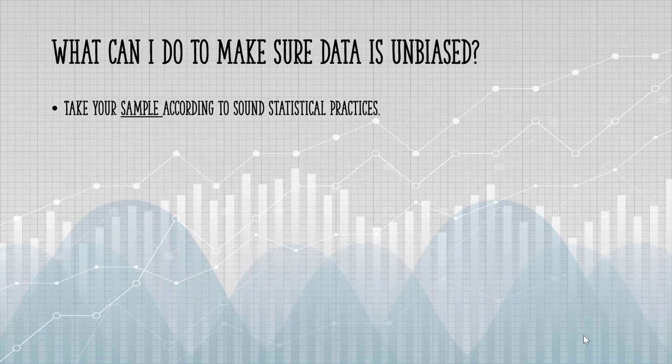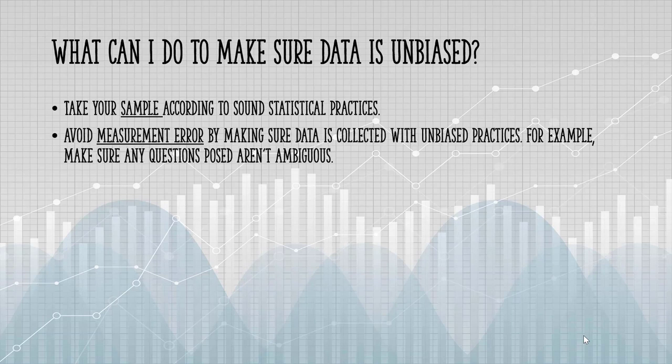So what can you do to ensure unbiased data or sampling distributions? There are many steps you can take to try and make sure your statistics are unbiased and accurately reflect the population parameter you're studying. Take your sample according to sound statistical practices. For example, you might use random selection.